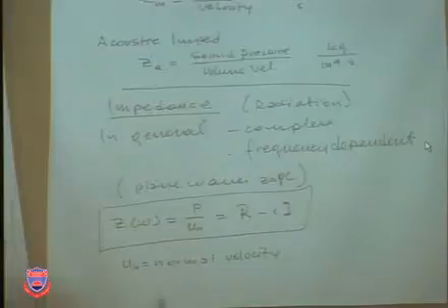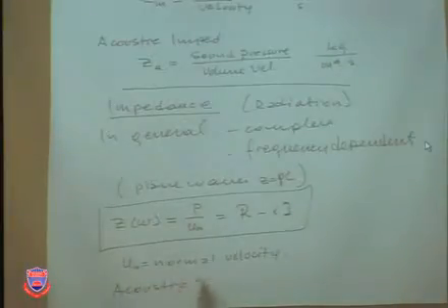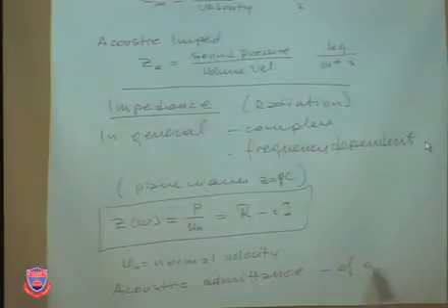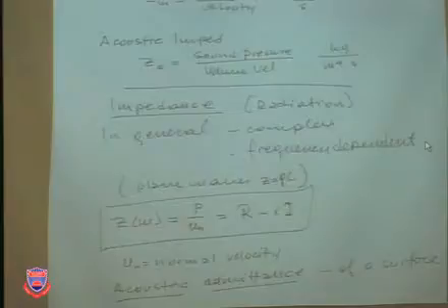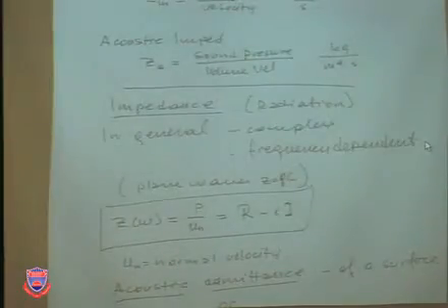Often we also use a term called acoustic admittance associated with a surface. Okay, acoustic admittance, and that we define as beta, a frequency-dependent number that's inverse of the normalized impedance.